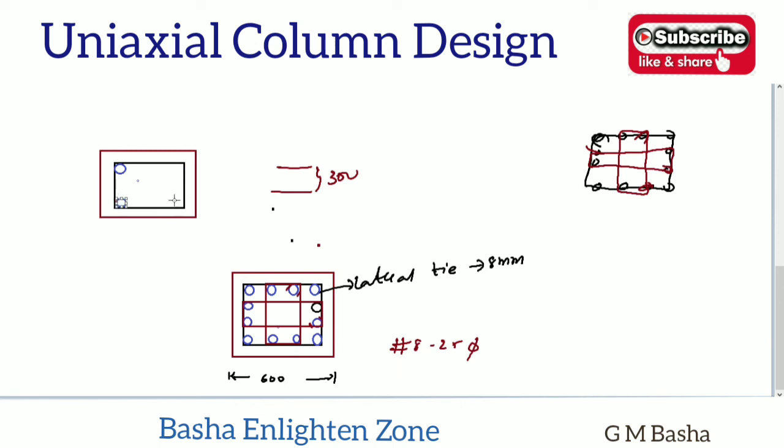So like this, 2, 3, 4, 5, 6, 7, 8. The spacing will be equal for all bars, bar to bar.